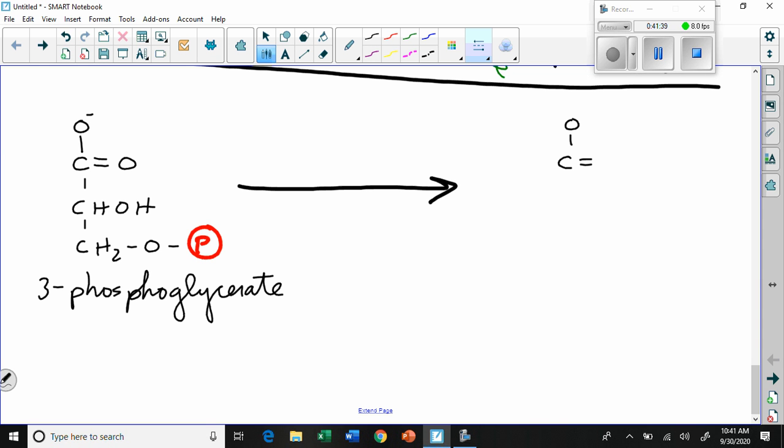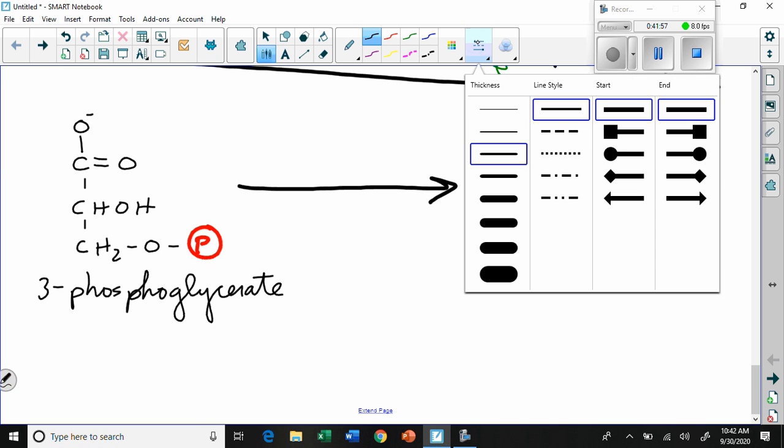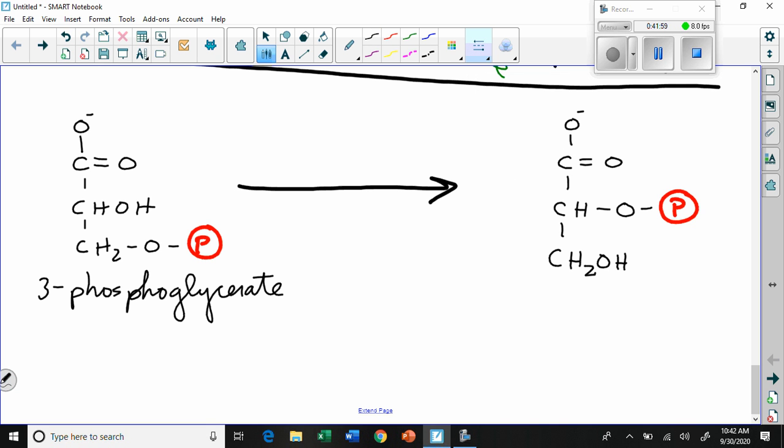It's essentially the same molecule, but here in the middle, I'll just leave that CH2OH. The phosphate gets bumped over here. It gets pulled off the bottom and added to the top. We should put a little charge on that oxygen as well, just to remember. And so this one, because you've moved it, it's called 2-phosphoglycerate. That's all that's happened.